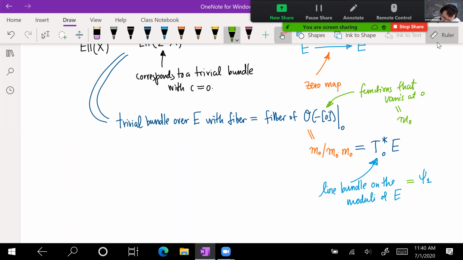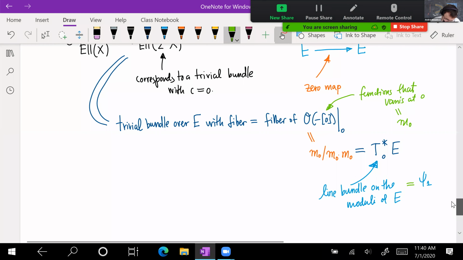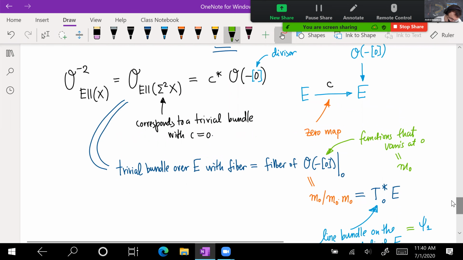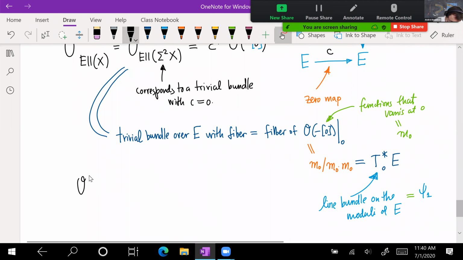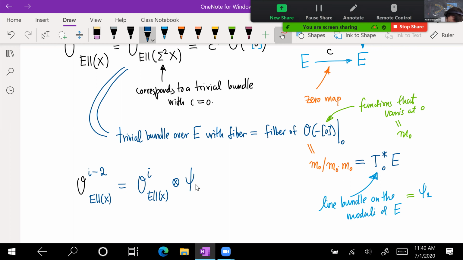And so that is to say that if I wanted to compute O of minus maybe 2k or whatever, k minus 2 I of Lx is the same as OI Lx all times this psi1.